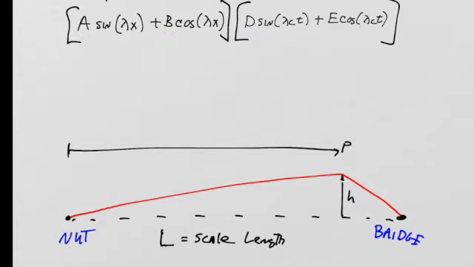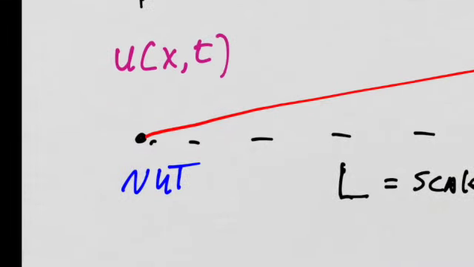So let's focus first on the nut and the bridge. What do we mean by the nut? Whatever time it is, it doesn't matter what time it is, the displacement of the string at the nut, meaning the string's motion above and below equilibrium at the nut, is 0.